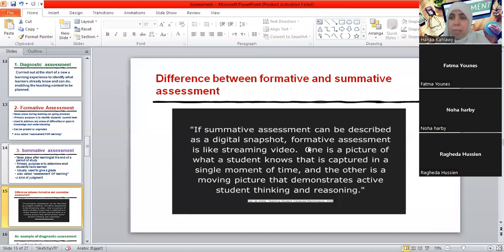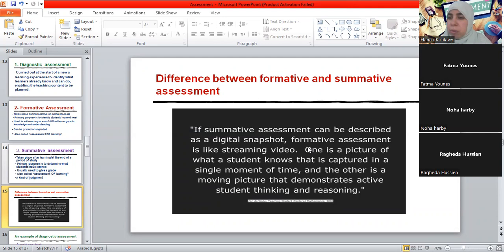So formative assessment is an ongoing process, okay, but summative, it's not ongoing. At the end, you have a test or an exam and you have a grade and that's it, okay? And we judge the students' performance.